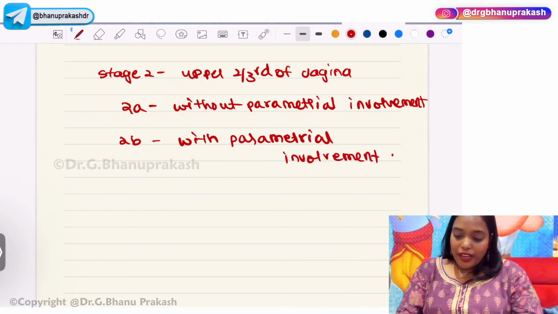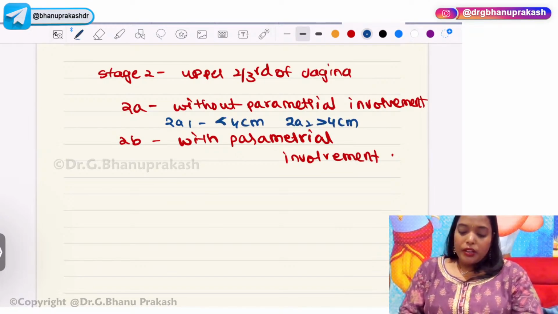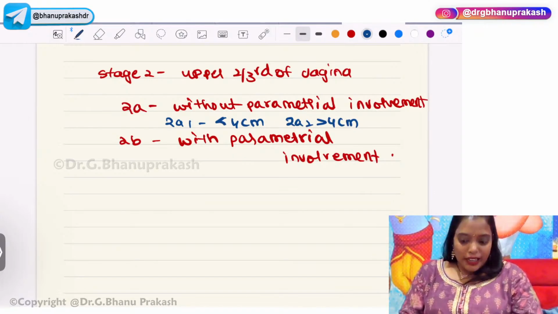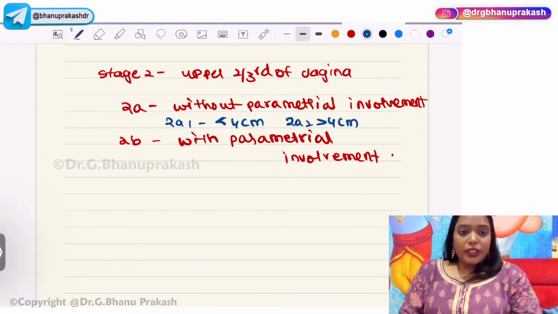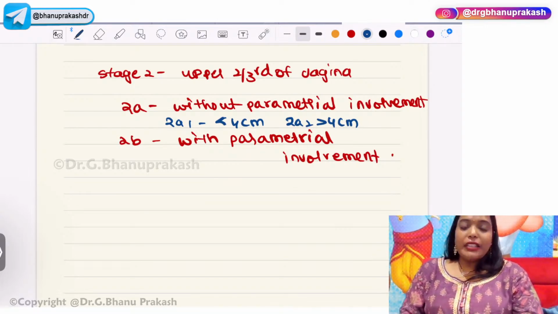Again, you have 2A1 and 2A2. 2A1 is less than 4 centimeters in size. 2A2 is more than 4 centimeters in size.